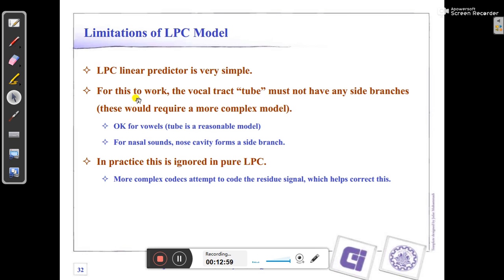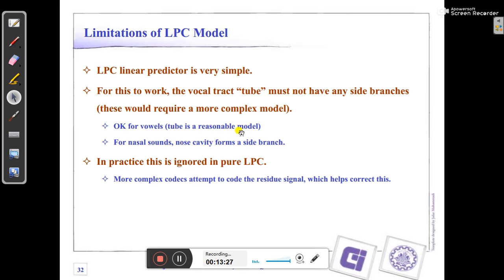But there are limitations of the LPC model. The LPC linear predictor is very simple. For this to work, the vocal tract tube must not have any side branches. This would require a more complex model. If the vocal tract has more side branches, then the model needs to be more complex. LPC is okay for vowels only.